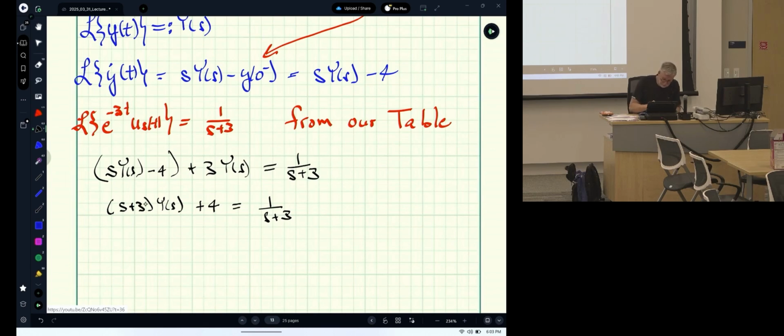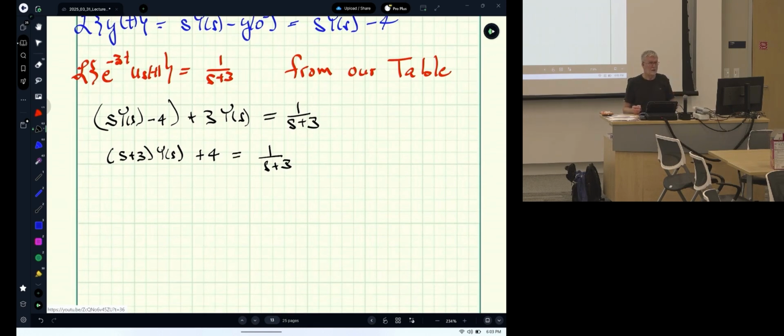Whoops, s plus... oh yeah, that's correct, s plus 3. Thought I made a mistake, but I was wrong. How about that? And I did make a mistake, that's minus 4.